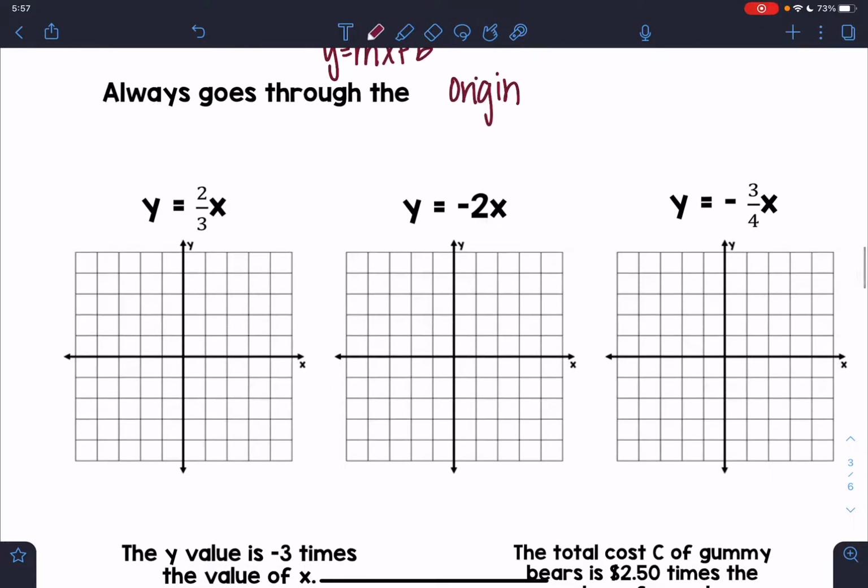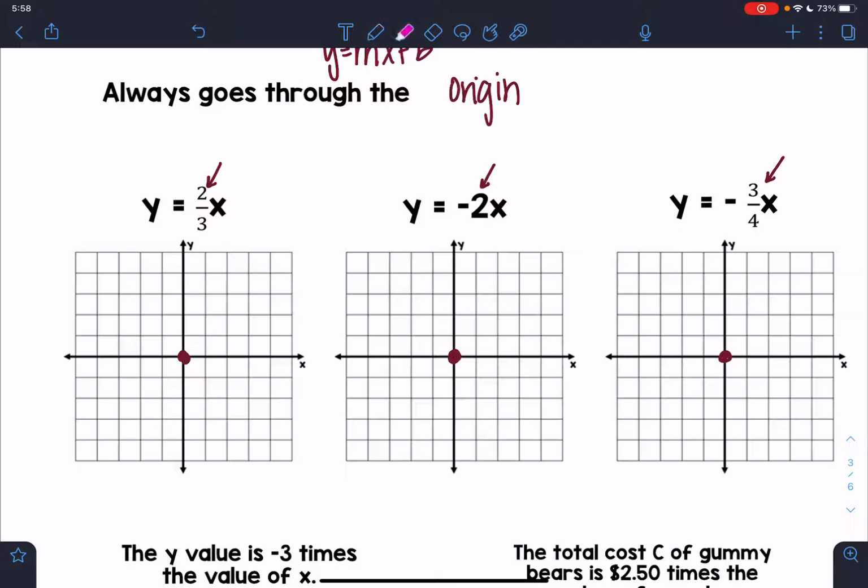We've pretty much already graphed this. So this number in front of the x is your slope. It's how you are moving, okay? And so I'm always going to start at 0 on every single one of these graphs, okay? We don't have a y-intercept. This is why it's a direct variation equation.